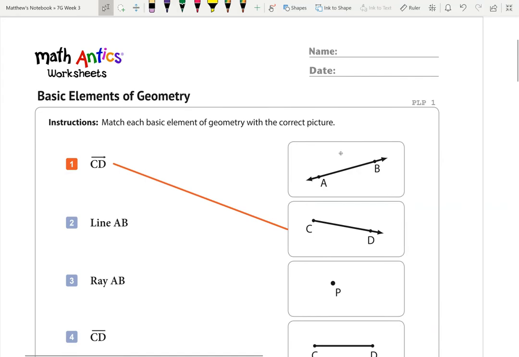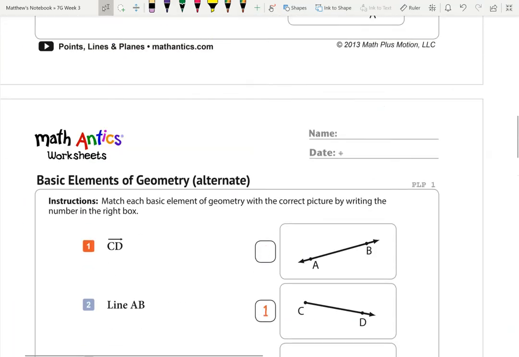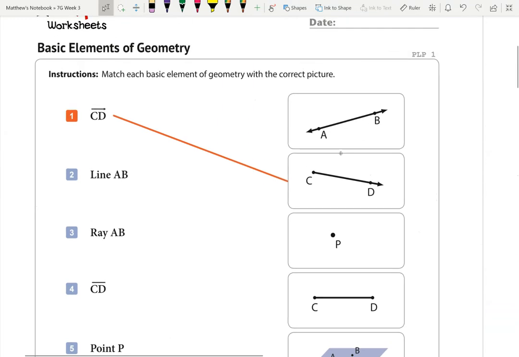And then you have the exercise sheets here. What you're going to do is use this exercise sheet we just completed to complete these worksheets. Here you're just going to match what it says. For example, the basic elements of geometry, question 2, line AB. Well, I remember a line passes through each of the 2 points and then keeps going, and that'd be represented here.